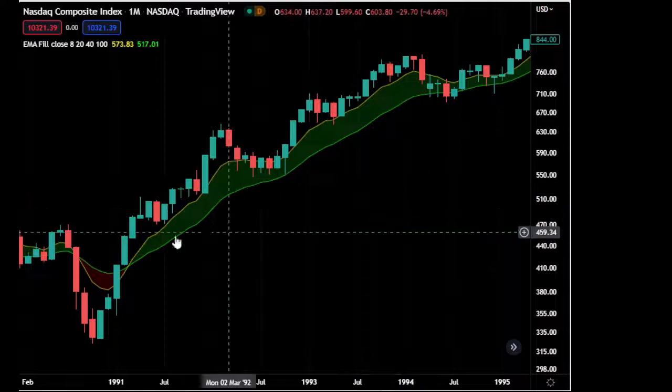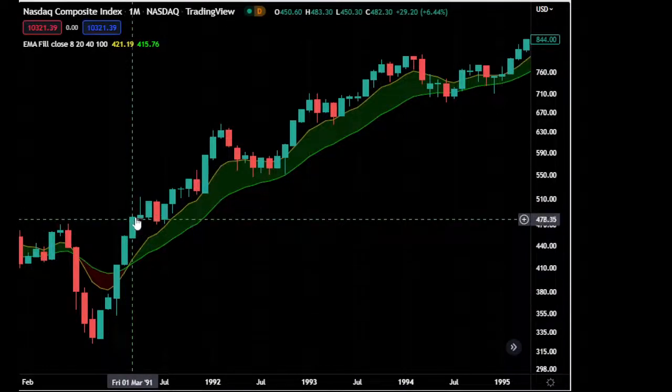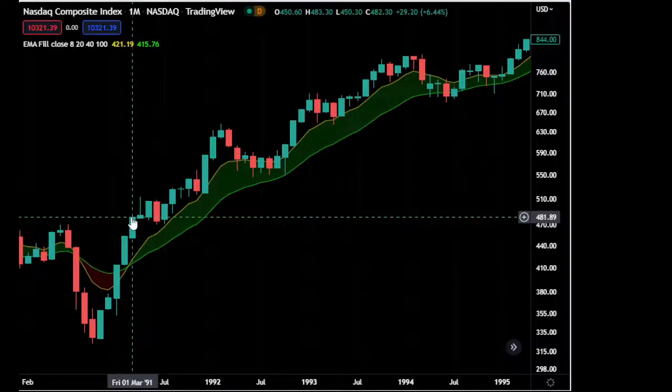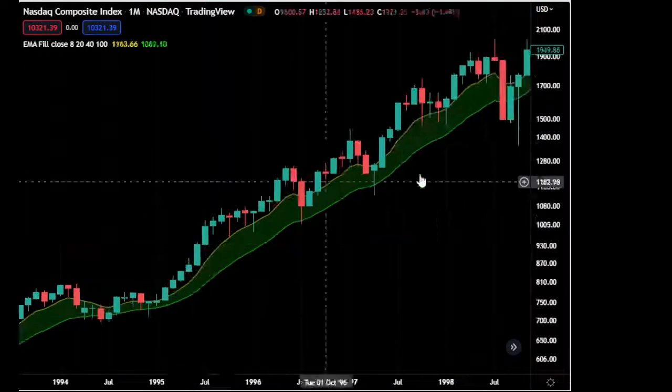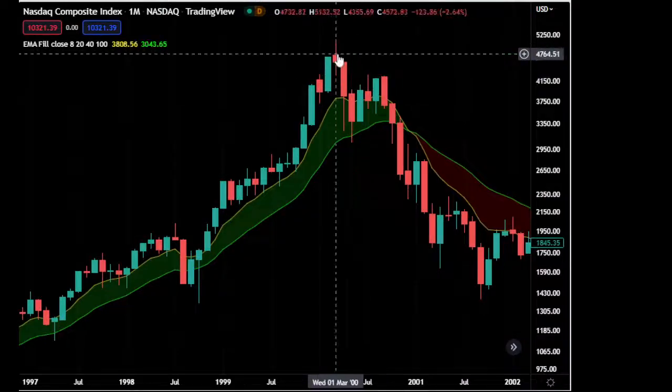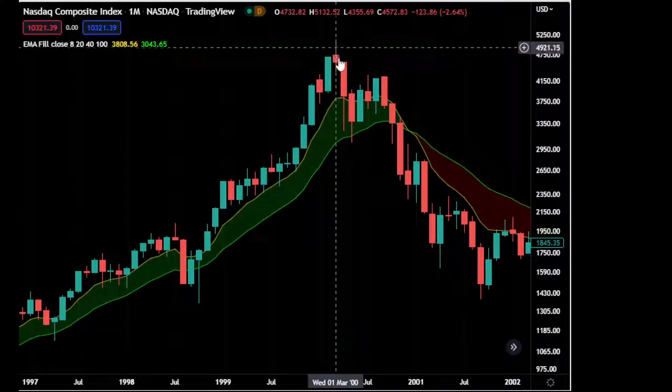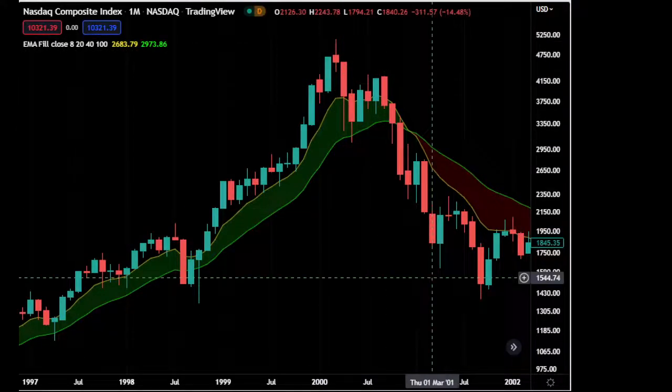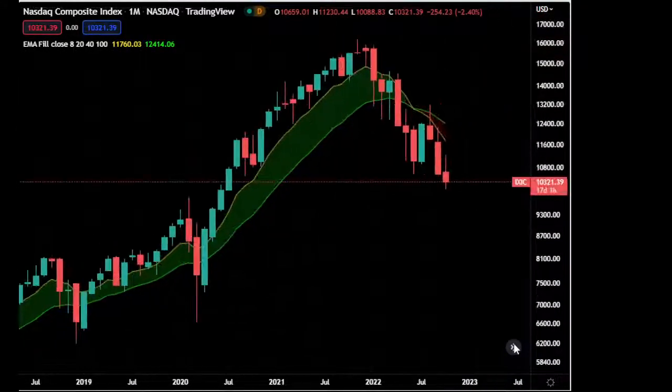And that went from the Nasdaq right here at 483, which was the high of that candle, and that rose all the way up here to 5,132 on the Nasdaq Composite. Quite a move.